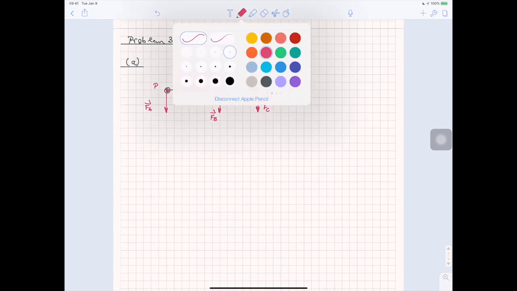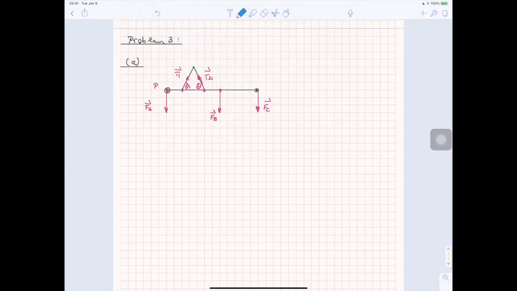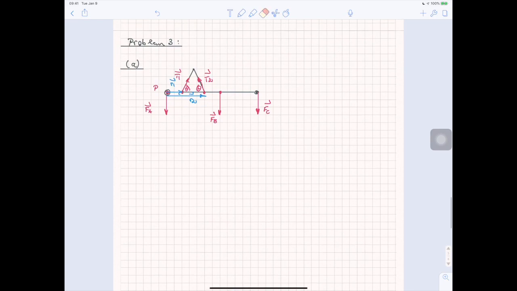Okay, so now let's draw the respective location vectors. So now we have to draw from P. This is R1, R2, this is RB, and last but not least from here, this is RC.